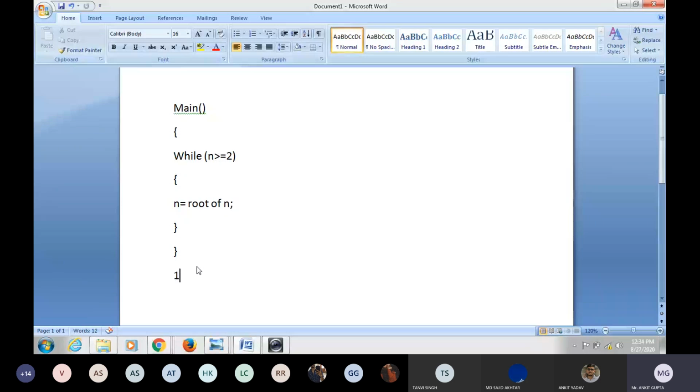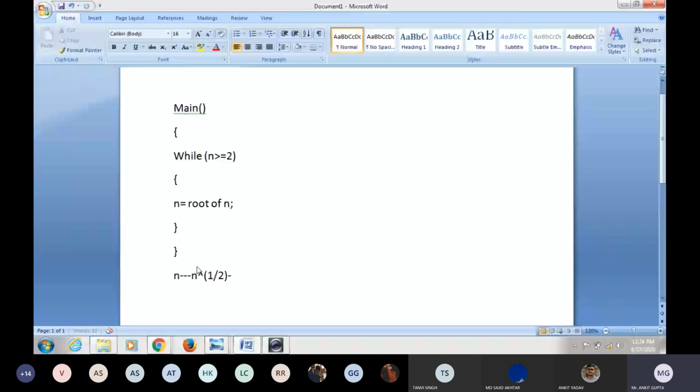What's the value of n in the initial? That is n. Second time, can you tell me? Root n. Can I say that n raised to the power 1/2?